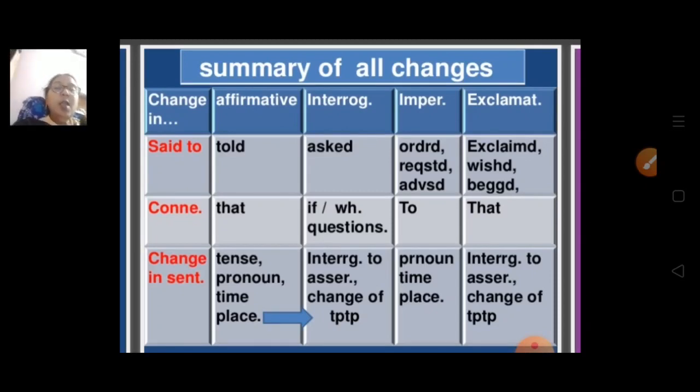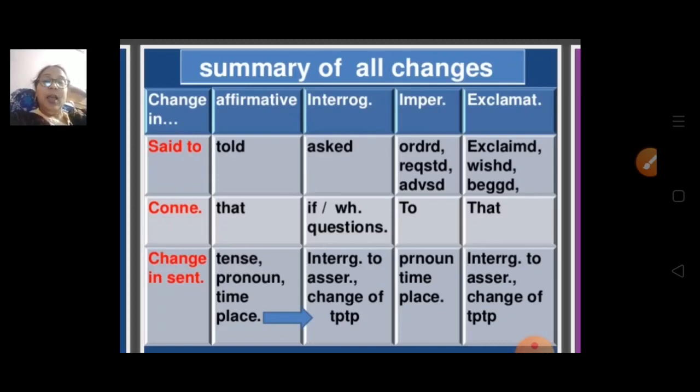We have discussed these four types of sentences, we have discussed change of pronouns, we have discussed adverbs of time and place, and we have discussed how to change tenses. These are also big changes that we make when converting direct to indirect speech. So take a screenshot and write it down in your copy.